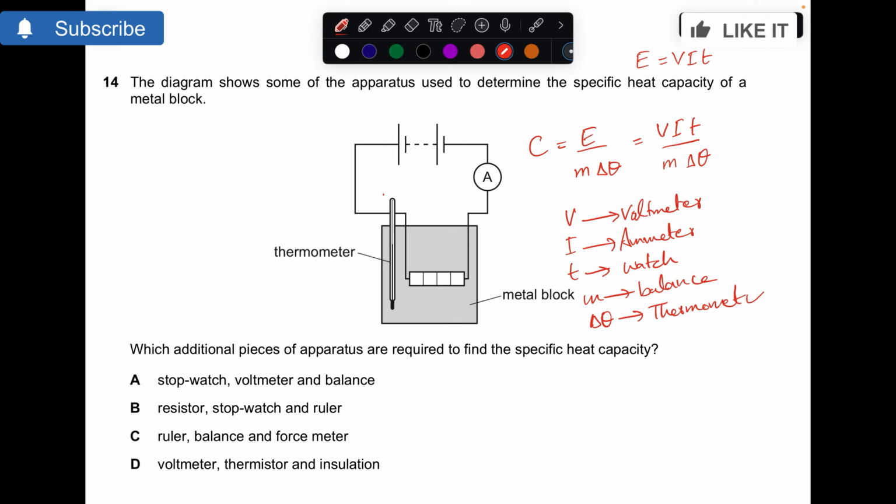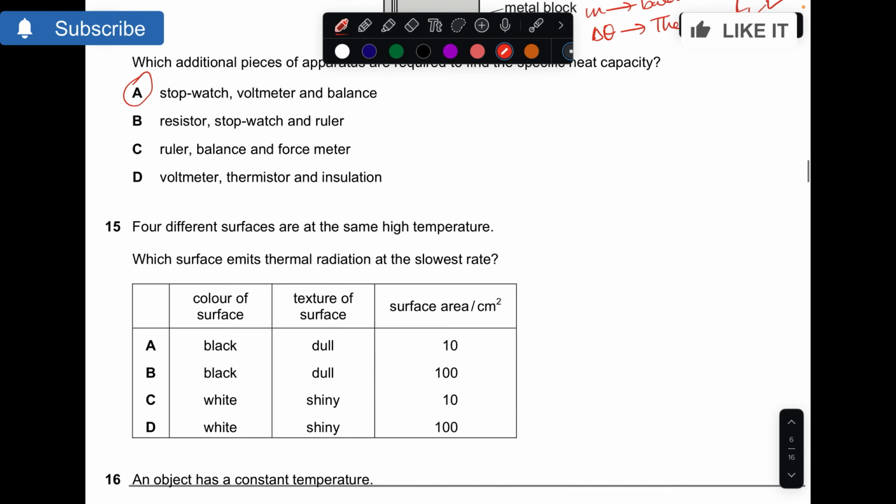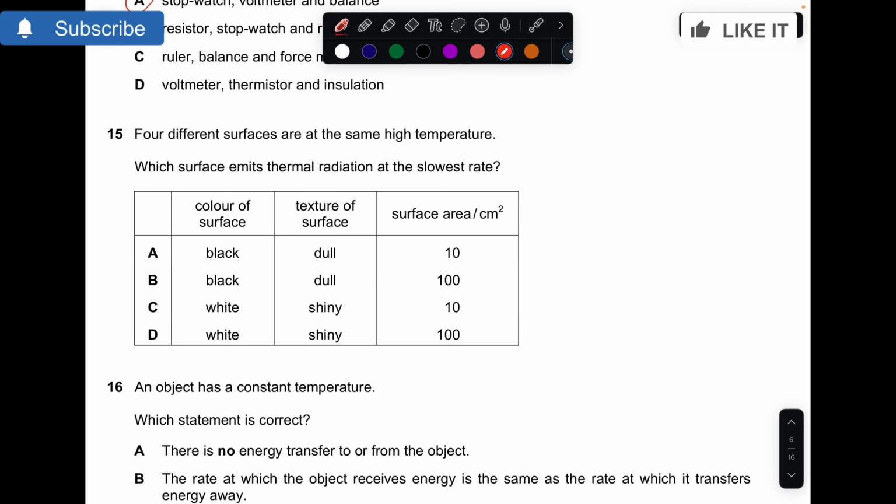If you see in the diagram, a thermometer is present, an ammeter is present. So what we need is a voltmeter, a watch, and a balance. So it's option A. In question 15, four different surfaces are at the same high temperature. Which surface emits thermal radiation at the slowest rate?